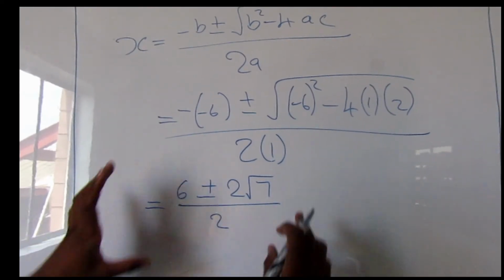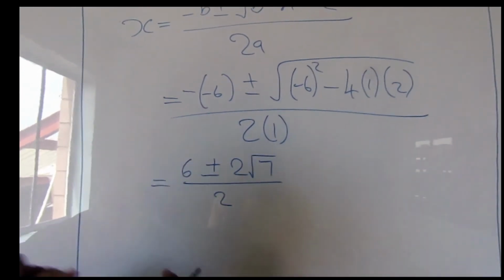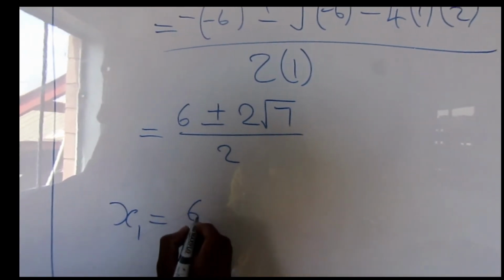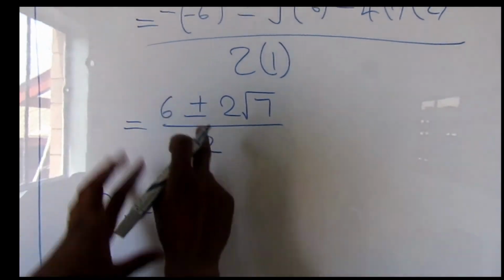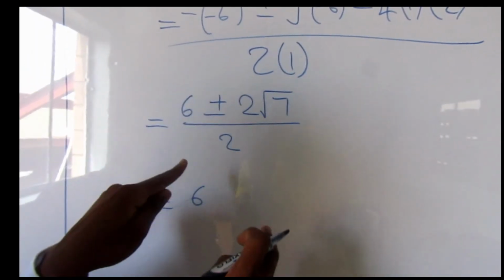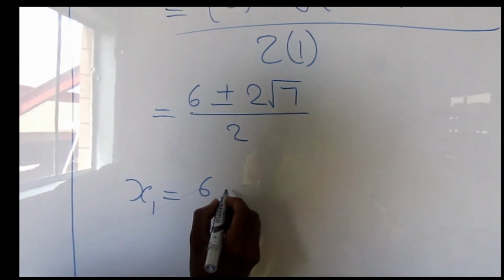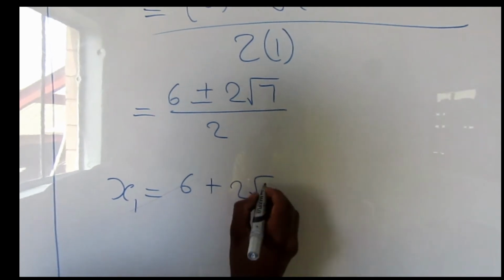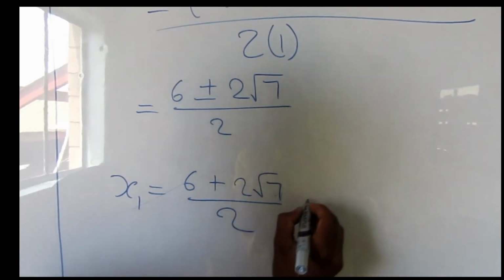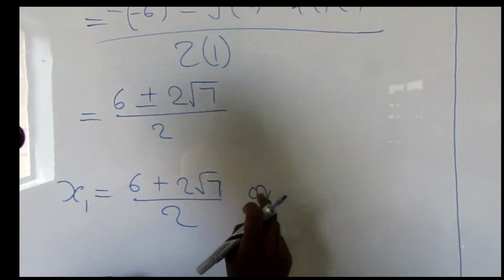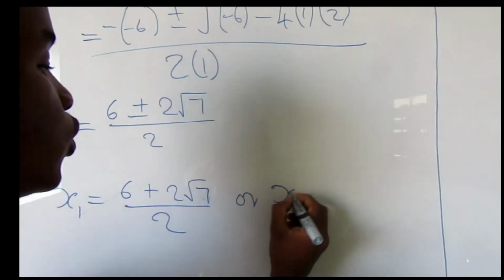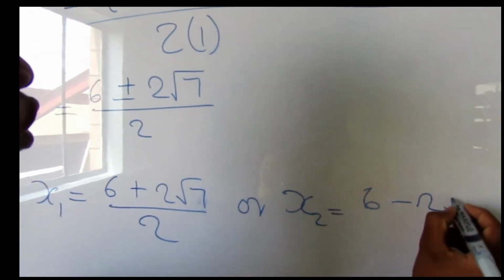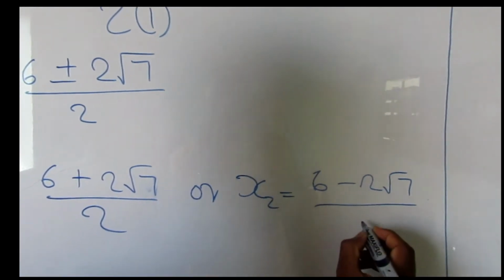Then when you arrive here, we need to get x1 and x2. Our x1 is going to be 6. We first take positive because it's plus or minus. We first take plus for our first x1, 6 plus 2 root 7 divided by 2. Do not forget to put or. And our x2 is 6 minus 2 root 7 divided by 2.